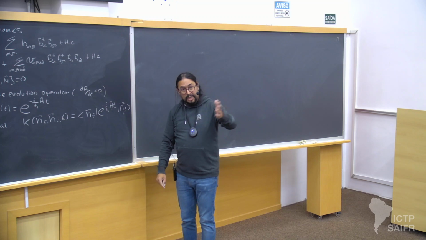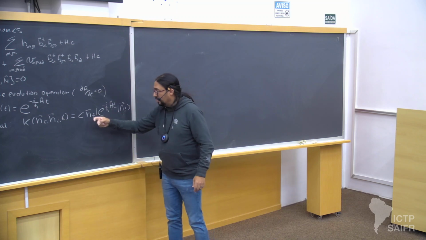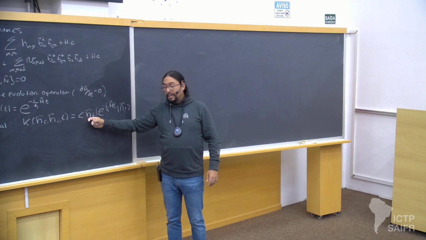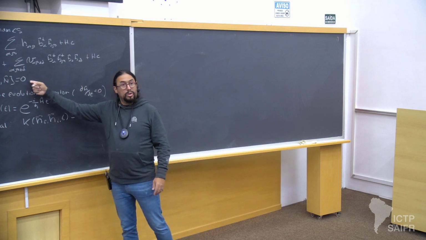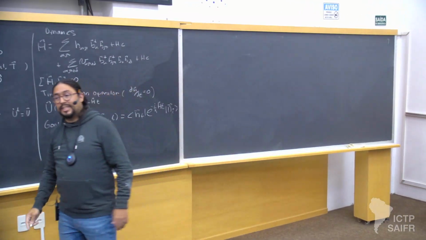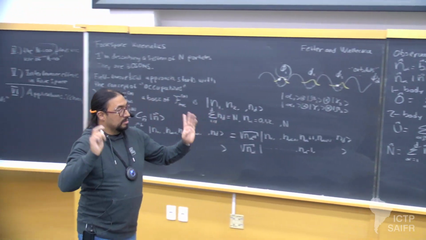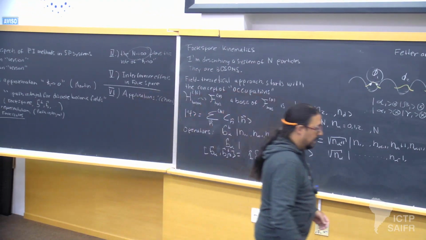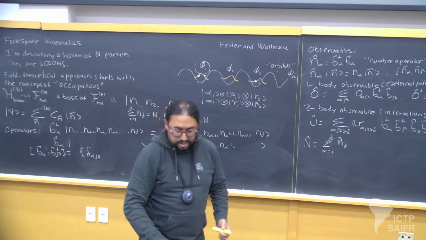And I'm assuming, I'm not writing it, but I'm assuming the total number of particles here is the same as the total number of particles there. Why? Because if not, this is automatically 0, because these commute, and states with different total numbers of particles are orthogonal. So that's it. The goal now is to construct this.